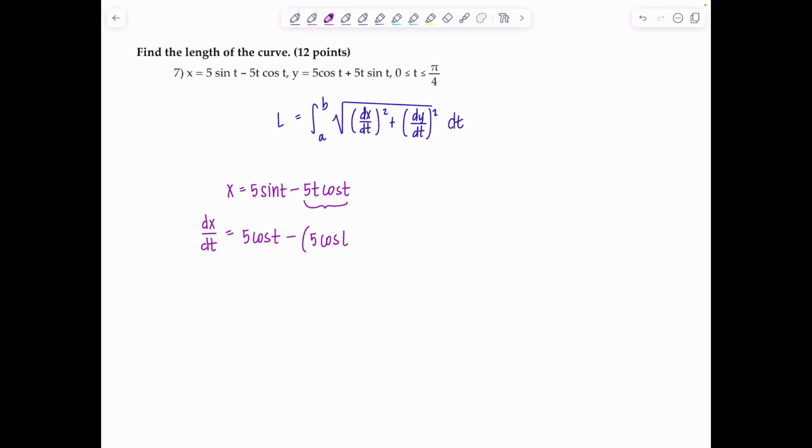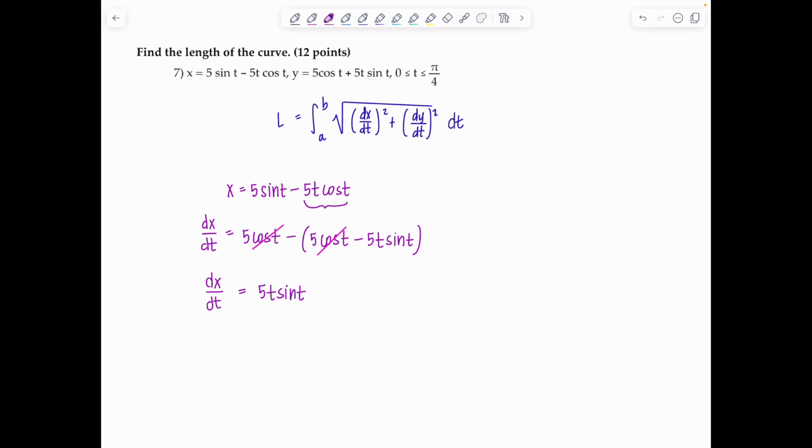I'll leave cosine t alone. And then derivative of cosine t is negative sine t, and I'm leaving 5t alone. So minus 5t sine t. Good? So then dx/dt, you see how the 5 cosine t's are going to cancel? Boom, boom. And then we're left with only a positive 5t sine t.